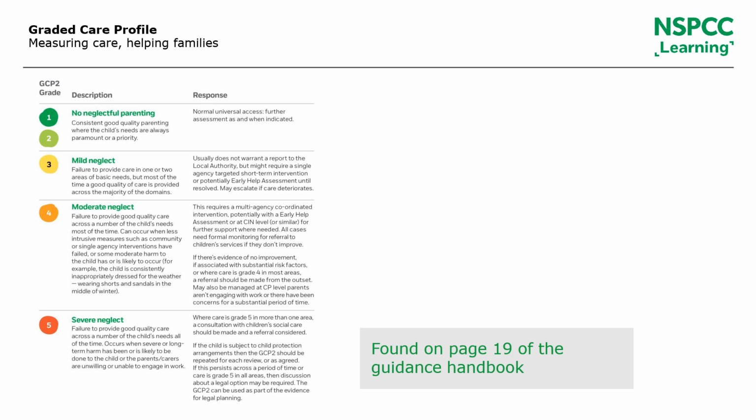When you've completed your GCP2 assessment, you'll need to think about what level of neglect is present for this child or young person, and there's some guidance around this on page 19 of the GCP2 handbook.